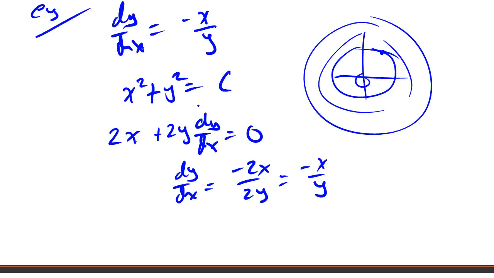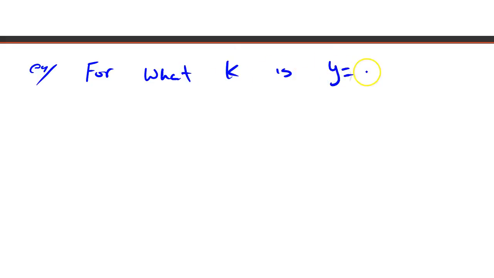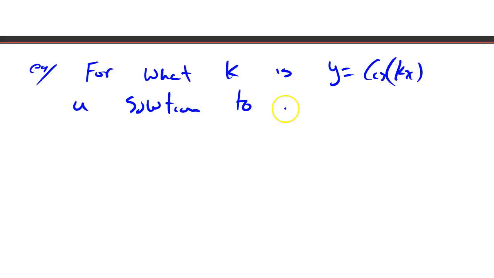Let's do one more example, or a couple more examples here, actually. These are just some of the even problems out of the book. Let's ask the question, for what values of k is y equal to the cosine of k times x a solution to, let's do a second order differential equation here, 4y double prime equals negative 25y.